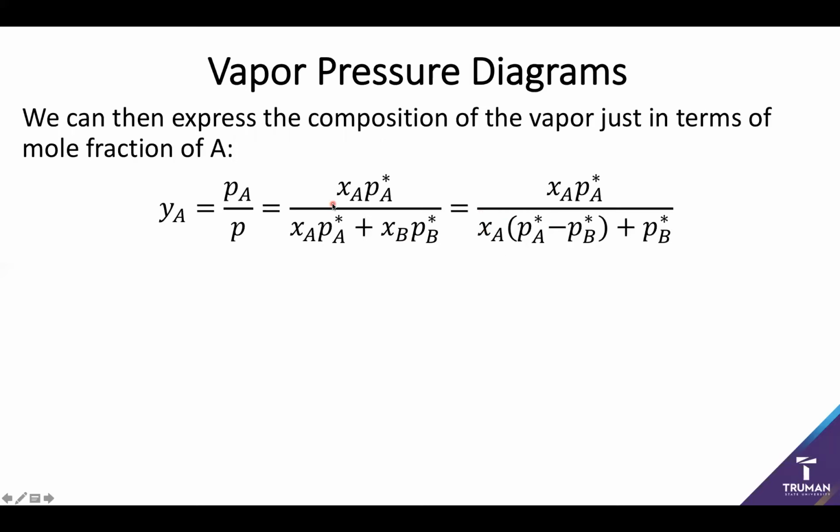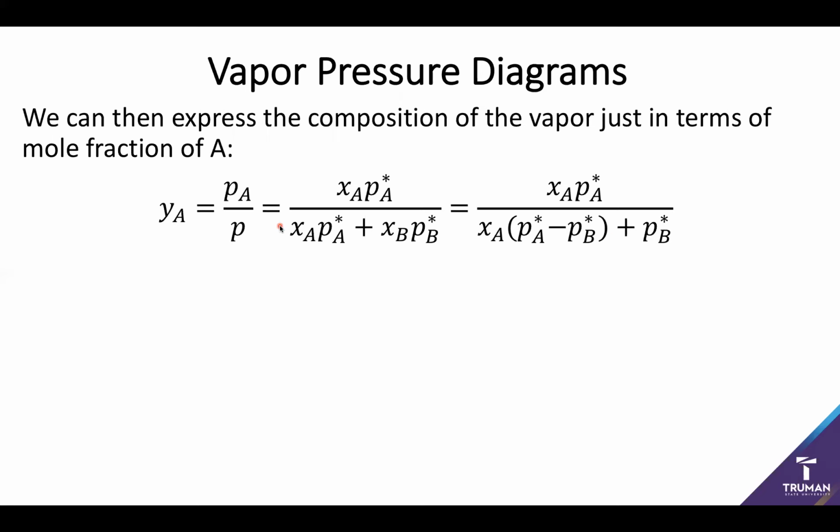So now we can figure out the mole fraction of A in the vapor simply by knowing the mole fraction of A in the solution phase, and by knowing the vapor pressure of the pure components, which can be garnered from pure phase thermodynamic data, such as free energies of vaporization, as we've previously discussed.